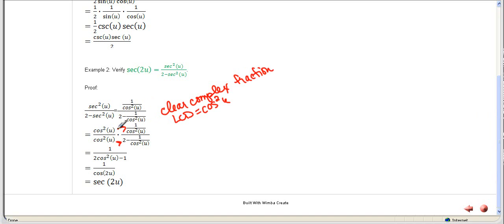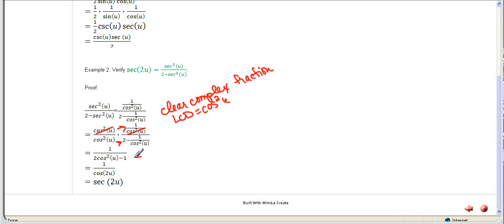So multiplying in the numerator, cosine squared u times 1 over cosine squared u is just simply 1. In the denominator, we have to distribute cosine squared u to the 2, so that gives us 2 cosine squared u, and then cosine squared u times 1 over cosine squared u would give us minus 1.